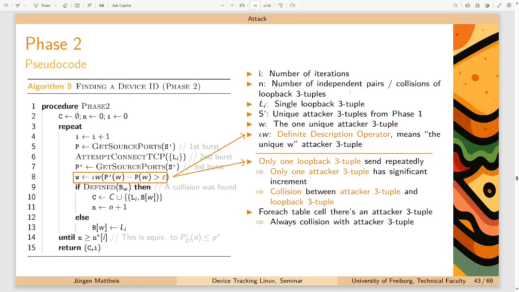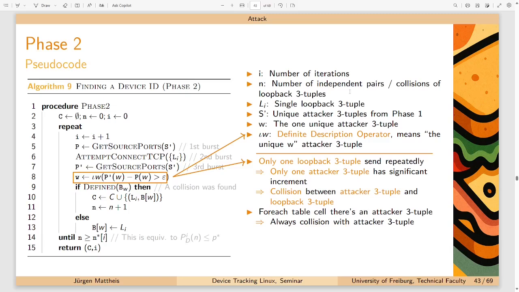And how do we now determine this? In phase 2 we basically want to determine which attacker free tuples collide with which loopback free tuple. Our end goal is of course to get a device ID, but our mid-term goal is to know which attacker free tuple collides with which loopback free tuple, and by what I explained previously with transitivity, we can deduce which loopback free tuples collide with each other.